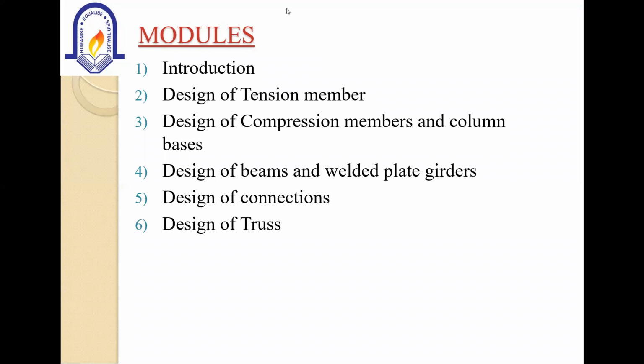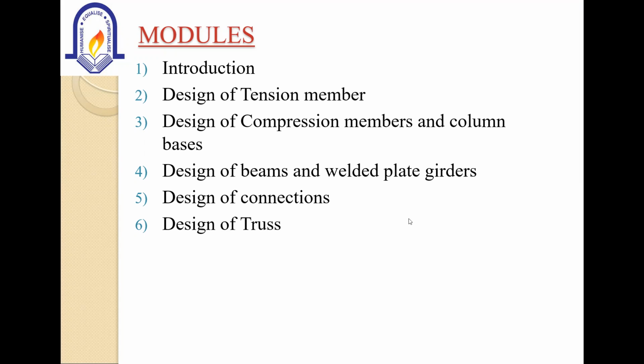Then comes your design of truss. So design of steel roof truss. Again, this is the most important module as far as your exams are concerned. But before studying this design of truss, you should study all the previous modules, because in design of truss, you have to calculate the different loads that are acting upon the truss, as well as design the different tension members that are there in the truss, as well as the different compression members that are included in the truss, as well as you will require the design of connections also.